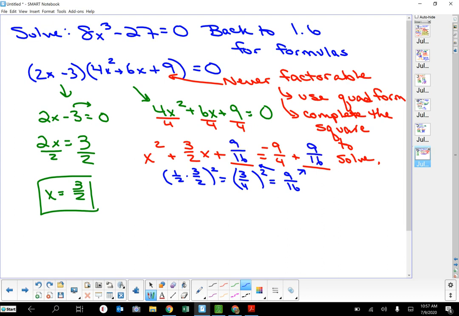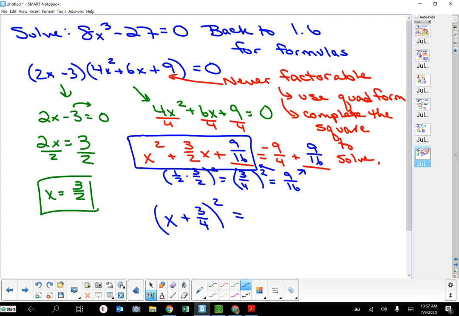The point of that is now this is a perfect square trinomial, right? And we can take the root of the first term, the root of the last term, which is 3 over 4, and the sign off the b, which is a plus, and that's squared. And then we have to do the math on the right-hand side.